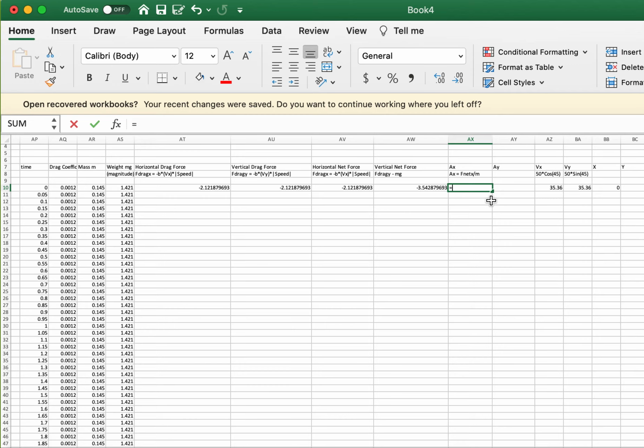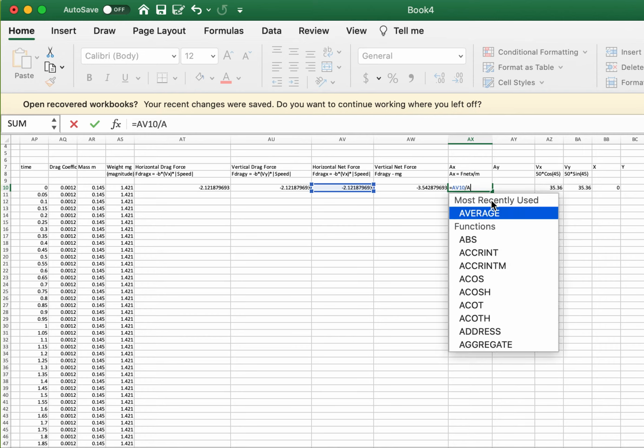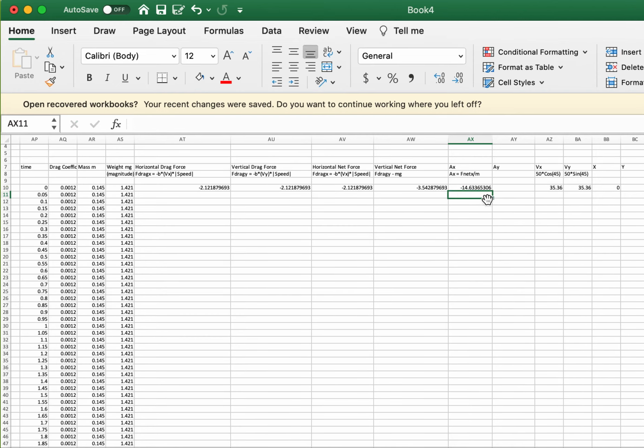So we want AV10 divided by AR10. Okay, strong acceleration there. Here we want AW10 divided by AR10.